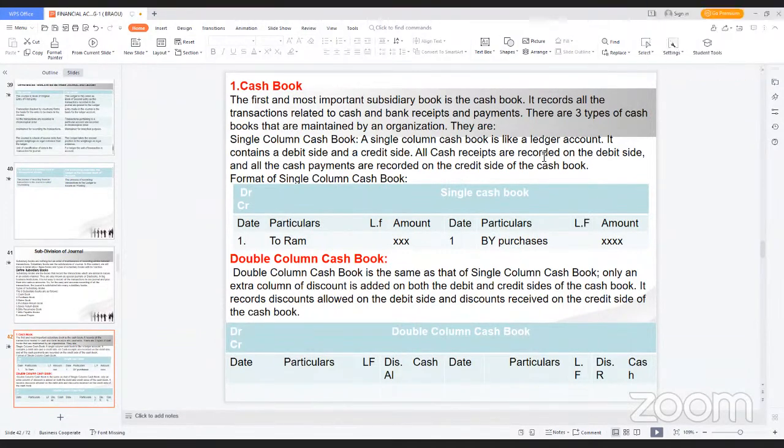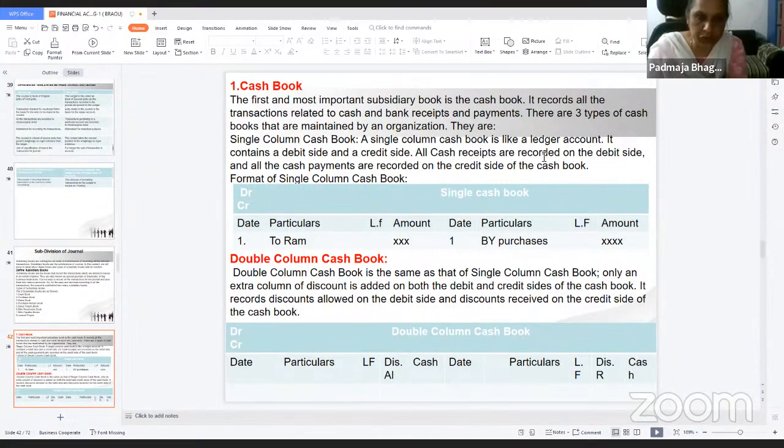So here Ram has purchased goods. Purchased goods for cash means purchases account debit to cash account.